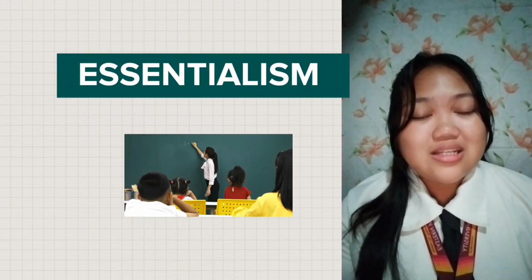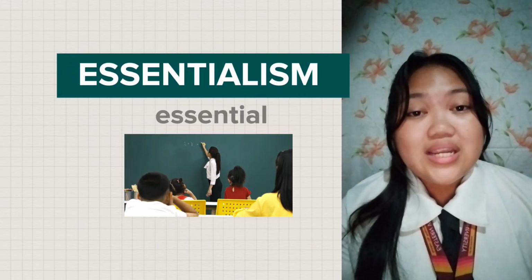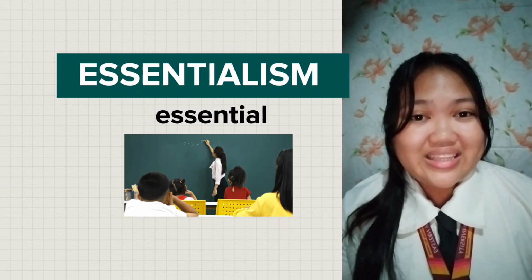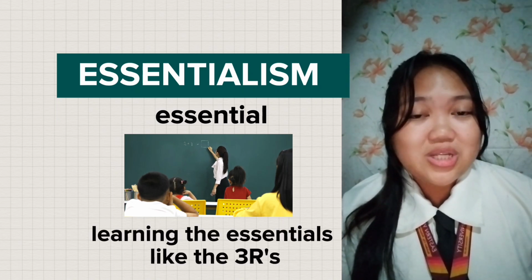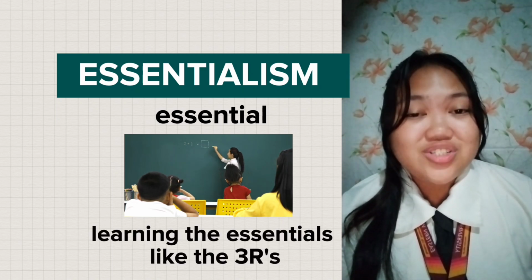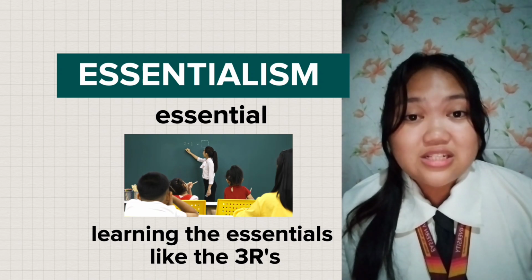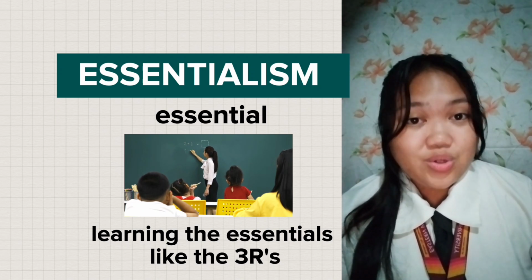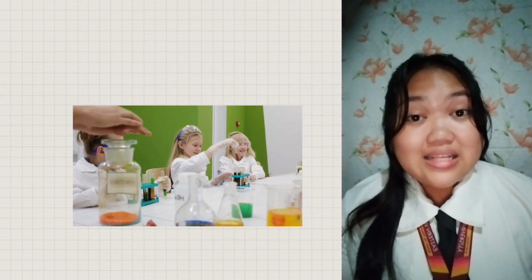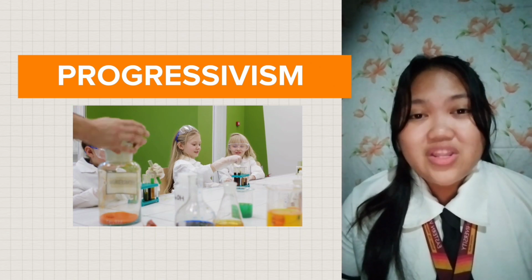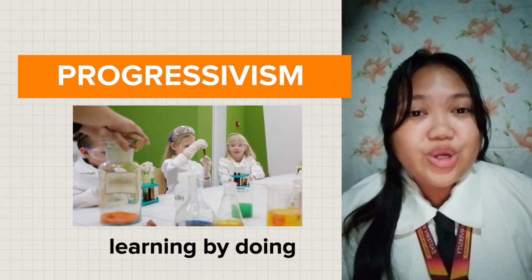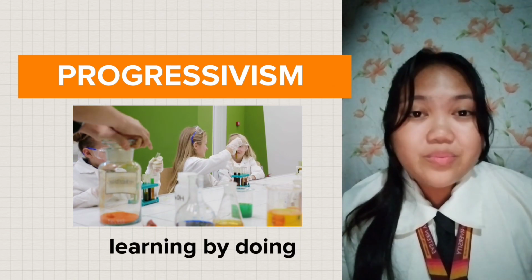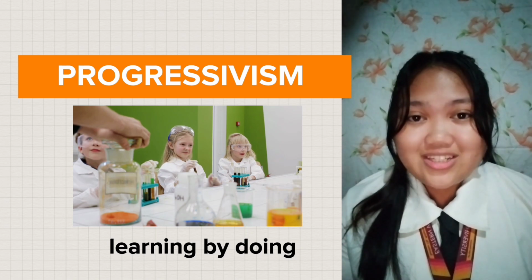Next is essentialism. Remember the word essential or important, meaning essentialism is all about teaching students the essential skills or concepts that they need to learn. Last is progressivism. Remember the phrase learning by doing. It's all about experiential learning.